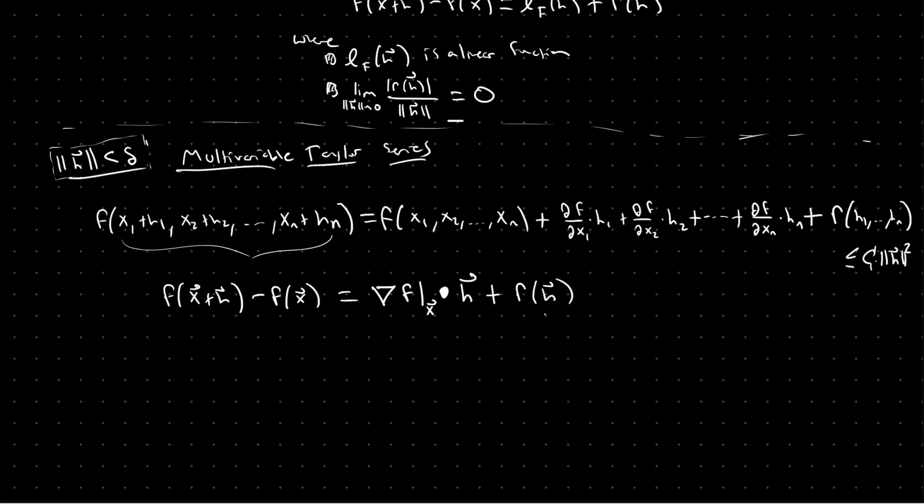So it's all the terms of h1 squared, h1 times h2, h1 times h3, and so on, for all of the multiplication combinations of the components of h.